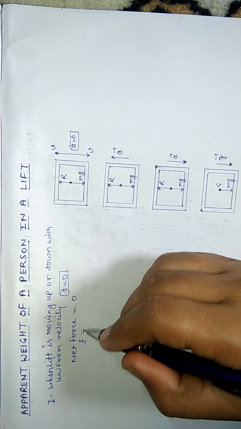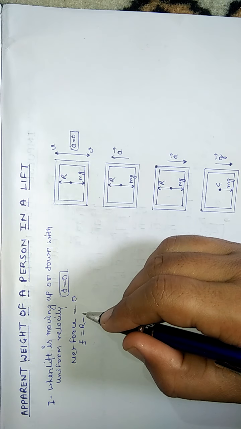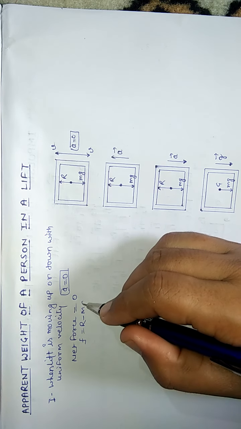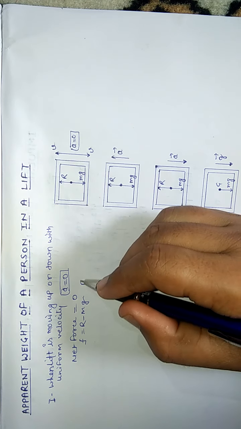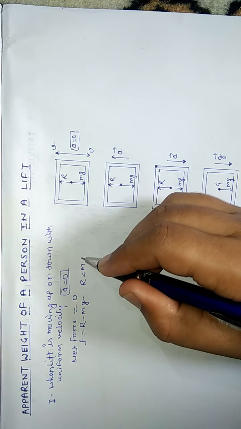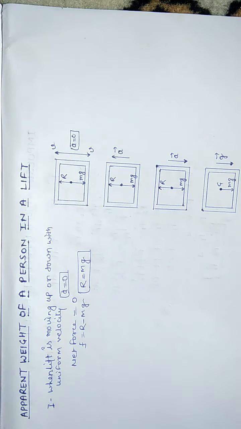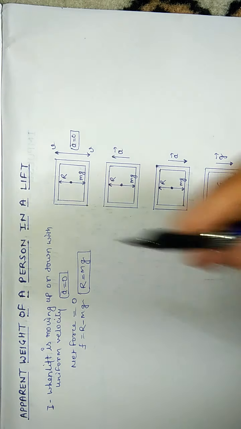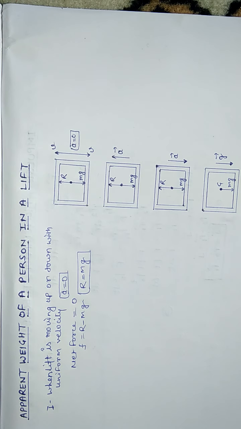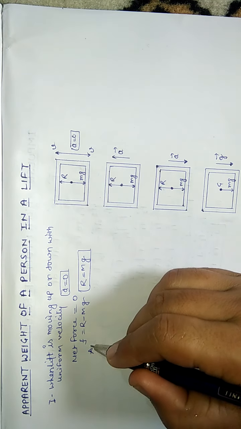Now F is equal to R minus mg, or from here we can say R is equal to mg. This means in this situation the apparent weight will be equal to the actual weight.